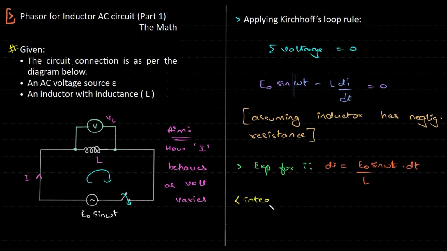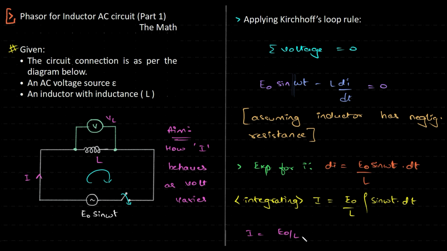I'll integrate. I want the net effect, so net expression. So E naught by L is a constant. Sine omega t is what I have to figure out. And when I integrate this, what will I end up with?